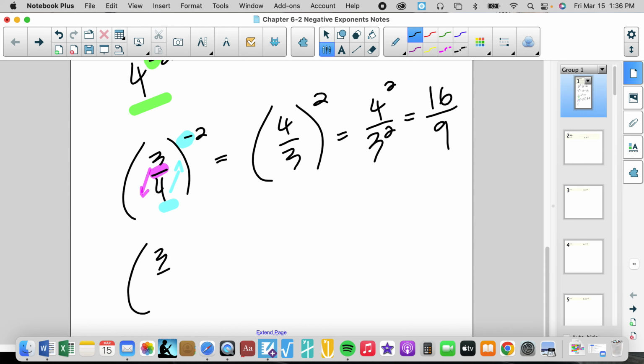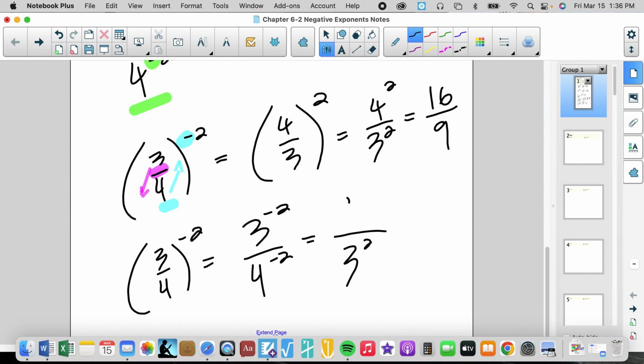Now, the other way to do this is to distribute the exponent to each of them first, and then flip. Then that becomes 3 squared, then that becomes 4 squared, and you still get 16 over 9. So this one is distributing first.